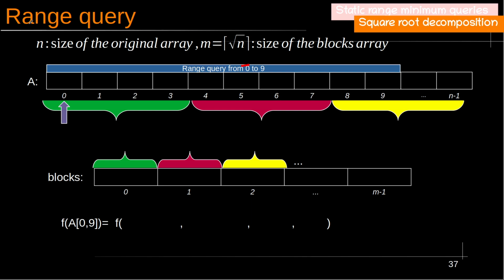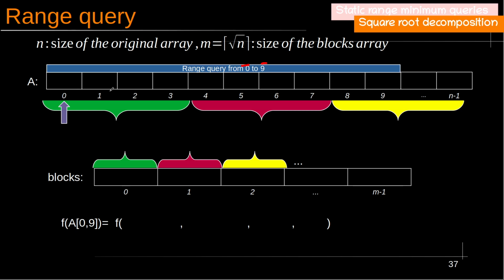The answer is yes, because the right boundary is 9, and if I add to 0 the number of cells that make a block, which is 4 in this case, 0 plus 4 is 4.